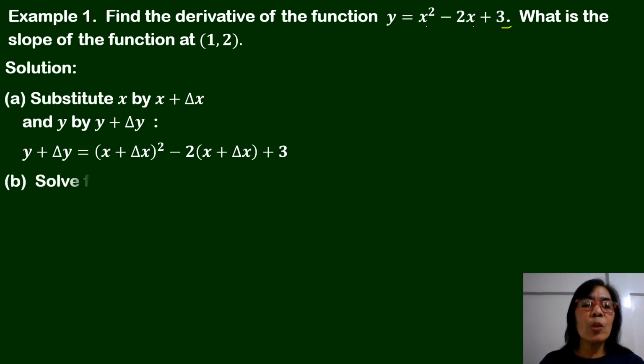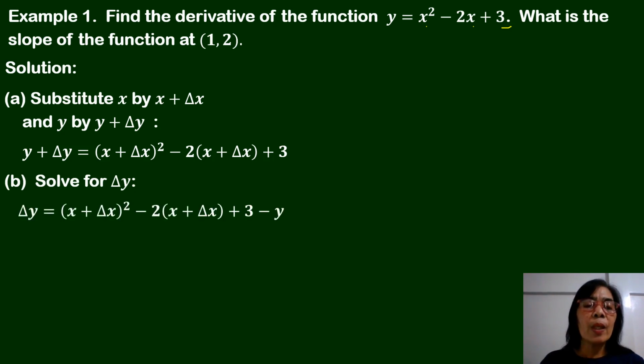Then the next step is to solve for delta y. Transposing y to the right side, we have now delta y is equal to the square of x plus delta x minus 2 times x plus delta x plus 3 minus y. So simplifying the equation algebraically, we have delta y is equal to, this one now is the square of a binomial, that will give us x squared plus 2x delta x plus the square of delta x.